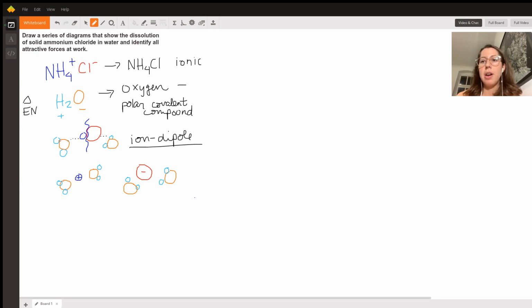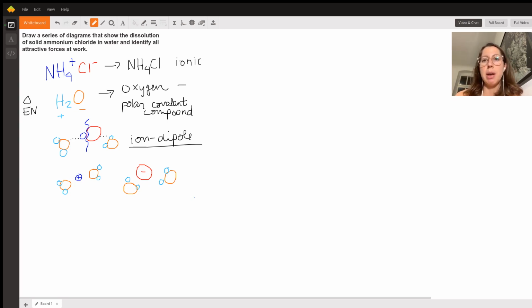So we've got our ionic compound, and then it's going into water, which is a polar covalent compound. When that happens, what we see is the ammonium chloride is going to be attracted to water, but it's going to be different on either end.